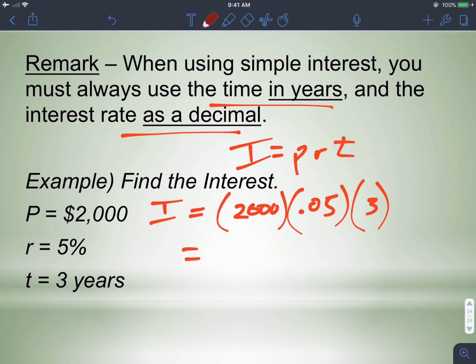Put it in the calculator. 2,000 times 0.05 times 3. And I got 300.